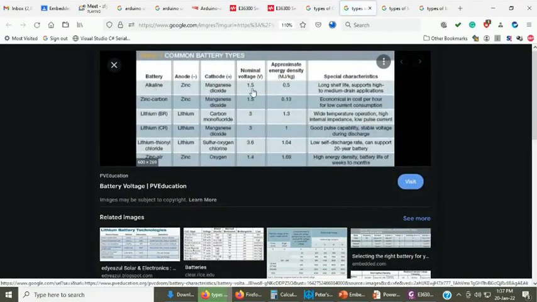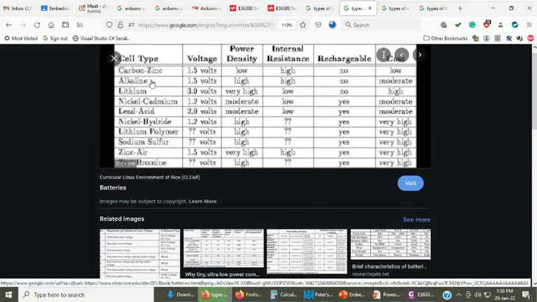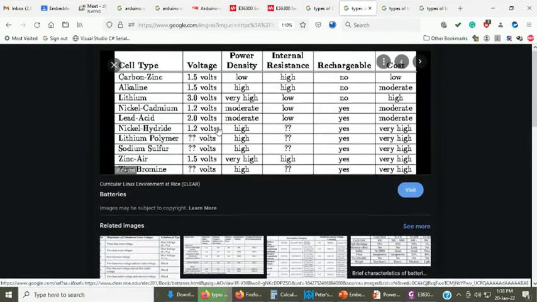Alkaline battery 1.5 volt, approximately energy density 0.5, zinc carbon 1.5, lithium 3 volt, lithium manganese dioxide 3 volt, lithium thionyl chloride 3.6. Please go through this kind of table and keep it with you, so that if tomorrow you are going to design any project, you know how many different voltages or how many cells will be required to provide enough power to your system.